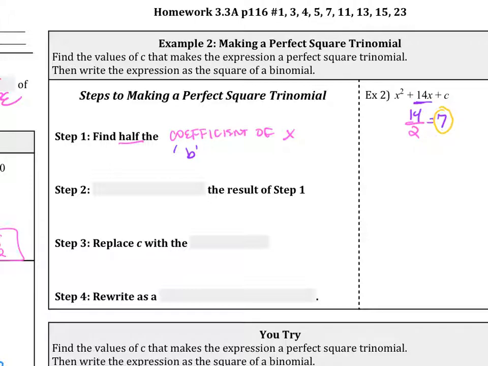So step 2 says to square the result of step 1. So we're squaring it. And so 7 squared is equal to 49. Then we're going to replace c with the result of step 2.